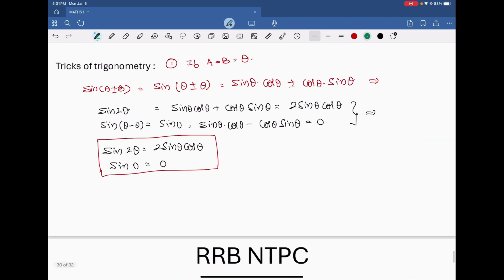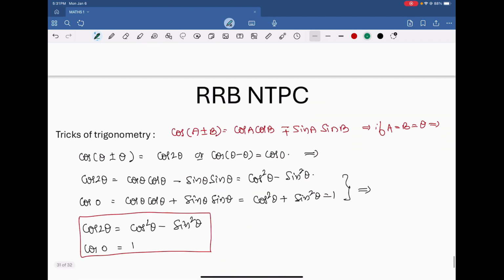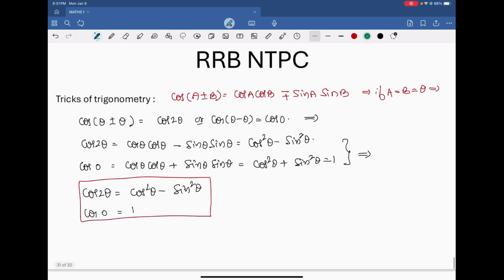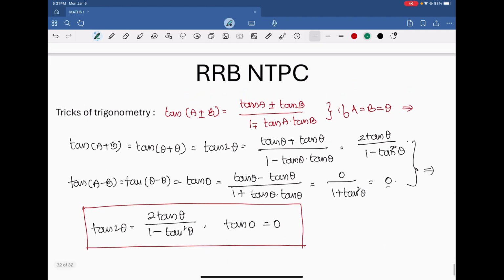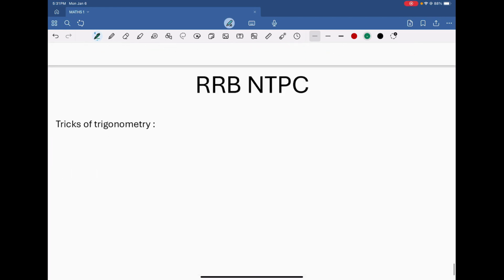Sin 2 theta is equal to 2 sin theta cos theta, and sin 0 is equal to 0. Cos 2 theta is equal to cos square theta minus sin square theta, and cos 0 is equal to 1. Then we moved on to tan 2 theta is equal to 2 tan theta divided by 1 minus tan square theta, and tan 0 is equal to 0.